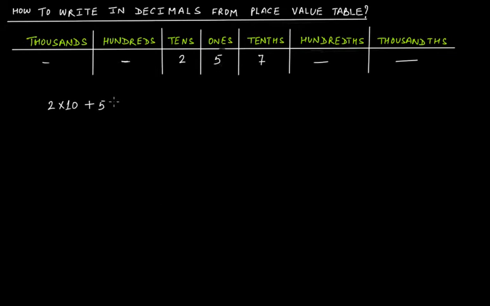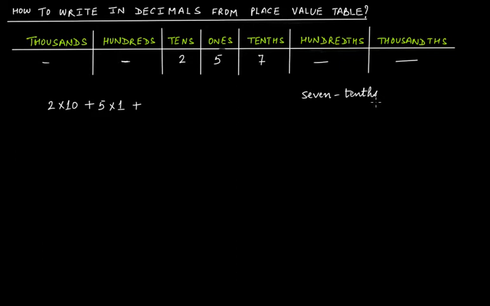So what is the multiplication factor at the ones place? That's simple, that is 1. Plus, at the tenths place, we have 7. So it's actually representing 7 tenths, right? As it was 5 ones, this is 7 tenths.